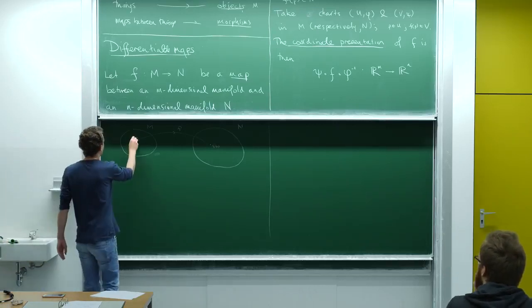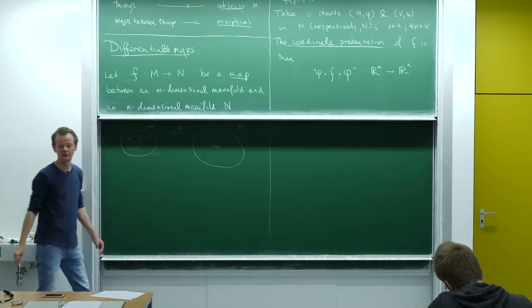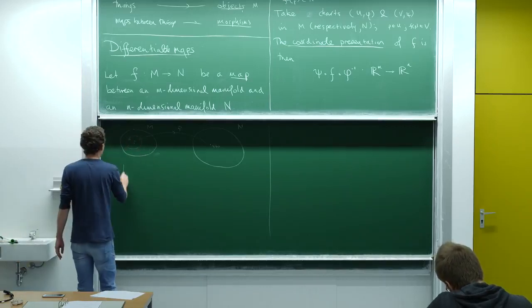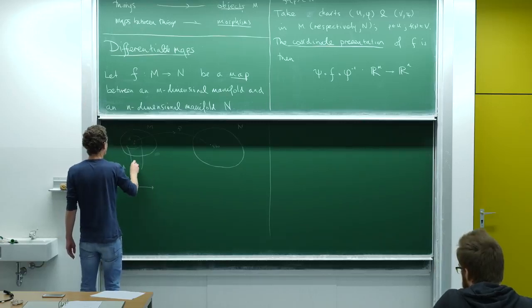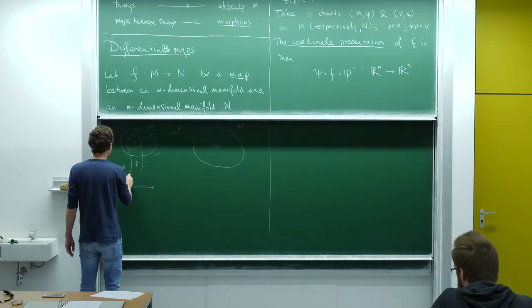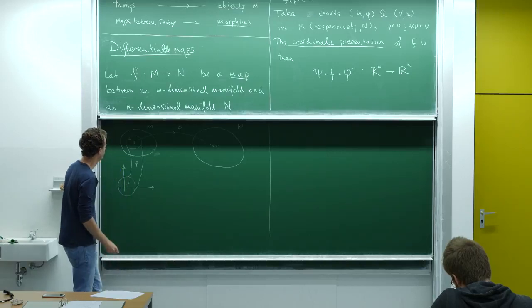So we take a chart, U, which is a neighborhood around this point P, and a corresponding map phi to Euclidean space, and our point is somewhere here.